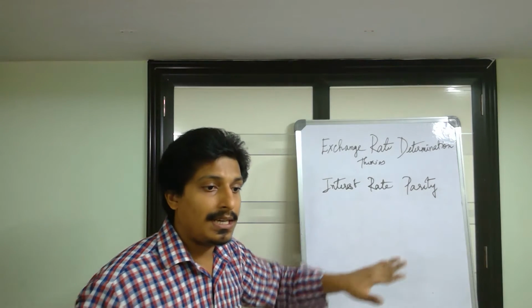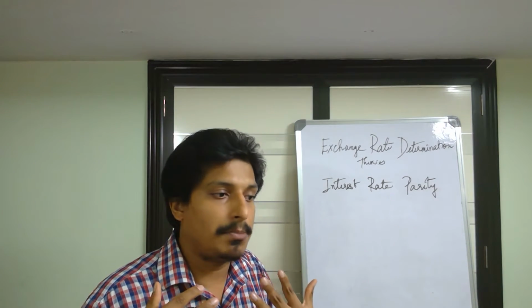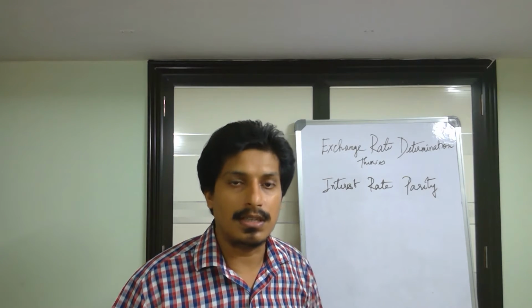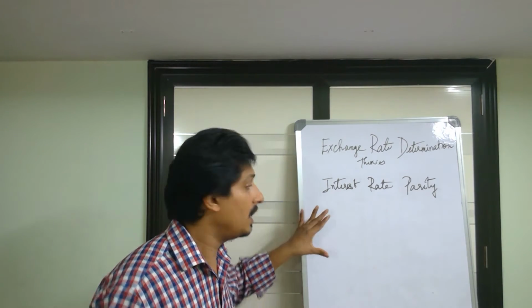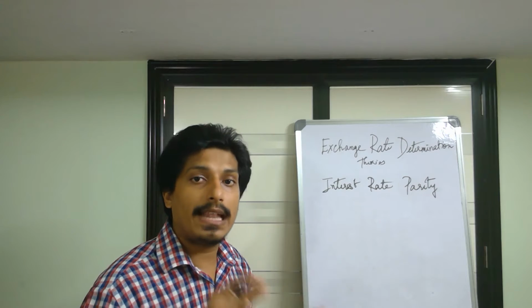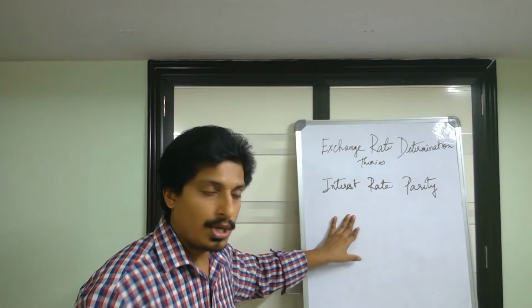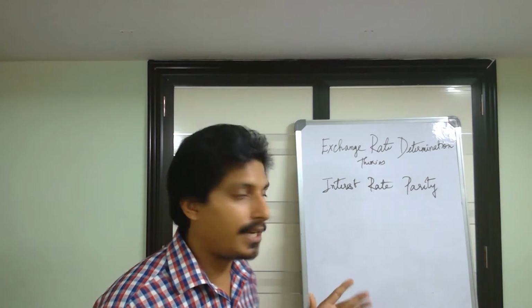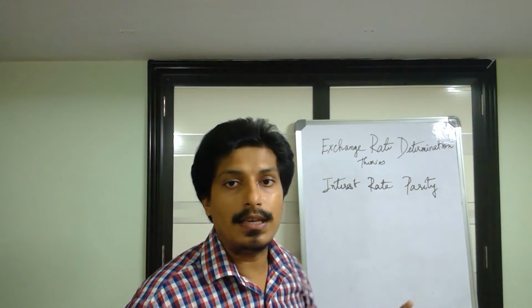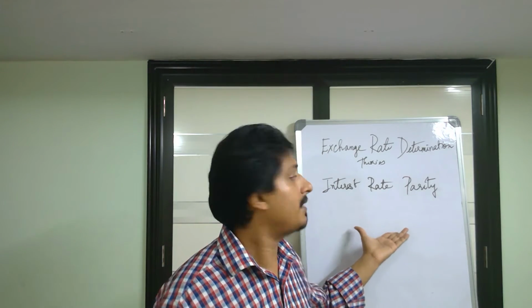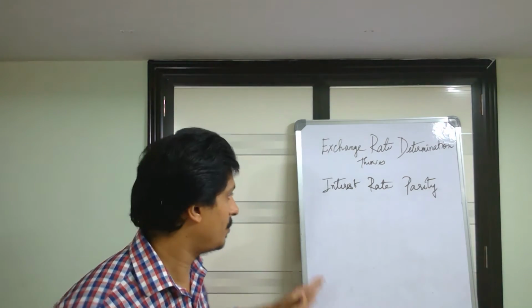Interest rate parity is not actually used to calculate the foreign exchange rate quotation. It is highly used in calculating forward rates. Spot rate is given to you. To calculate the forward rate, the formula given by interest rate parity is used.